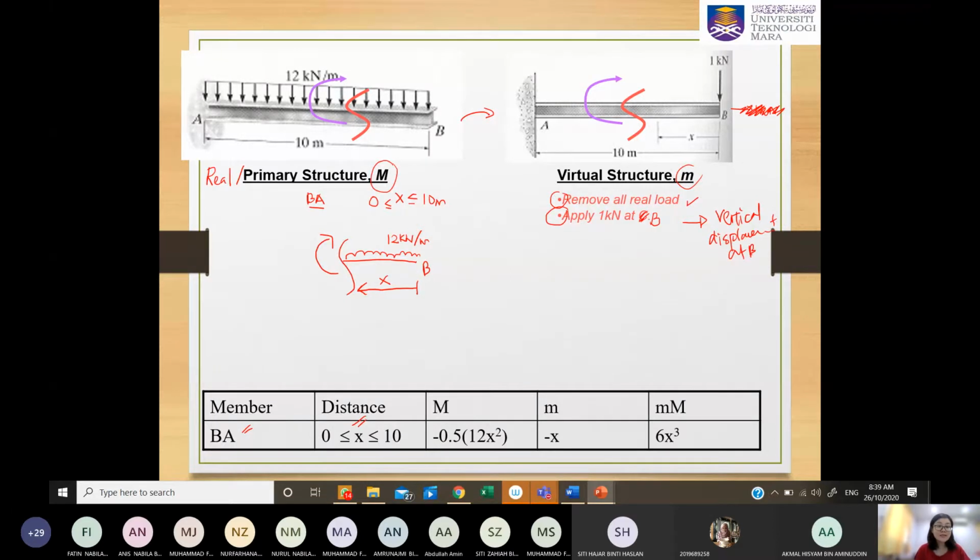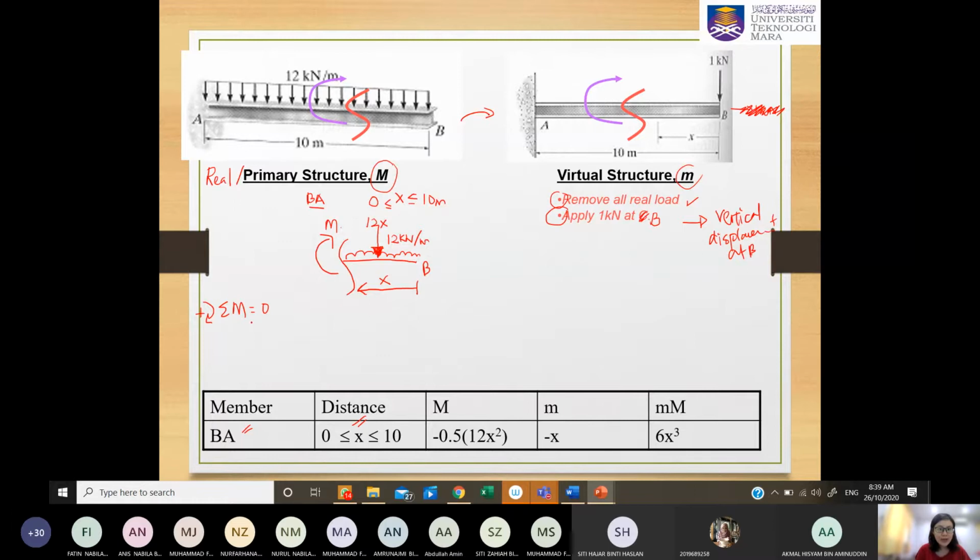Then the next step is to determine your bending moment equation. You can take the summation of moments equal to 0, with clockwise as positive. The 12 kilonewton per meter can be represented by a resultant force using the area of this rectangle, which is 12 times x, the distance.